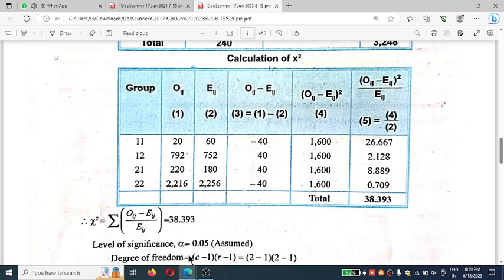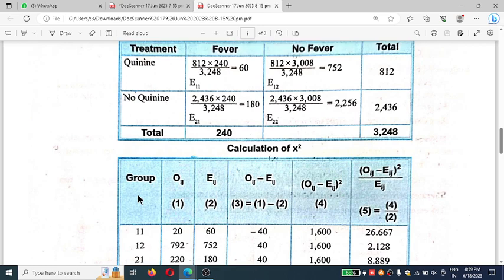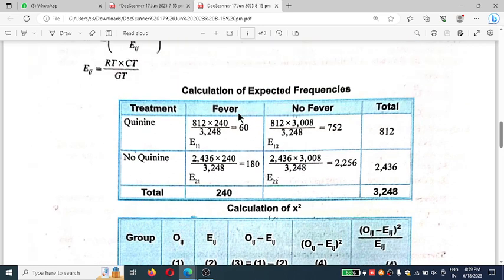Then students, you will consider the level of significance. Alpha is equal to 0.05; you always assume this. Then degrees of freedom. You will see how many rows and columns there are. You have 2 rows and 2 columns.